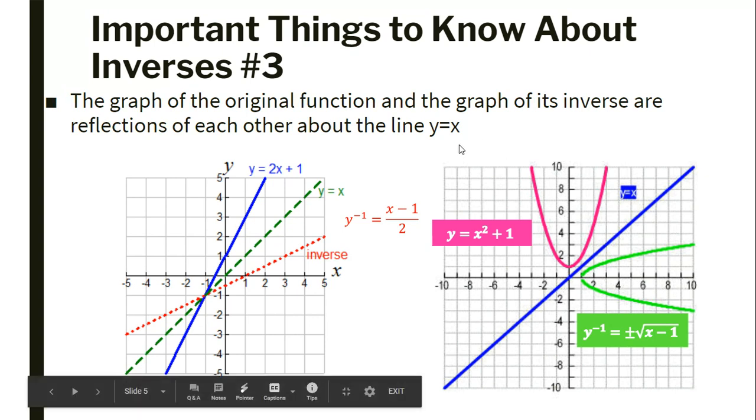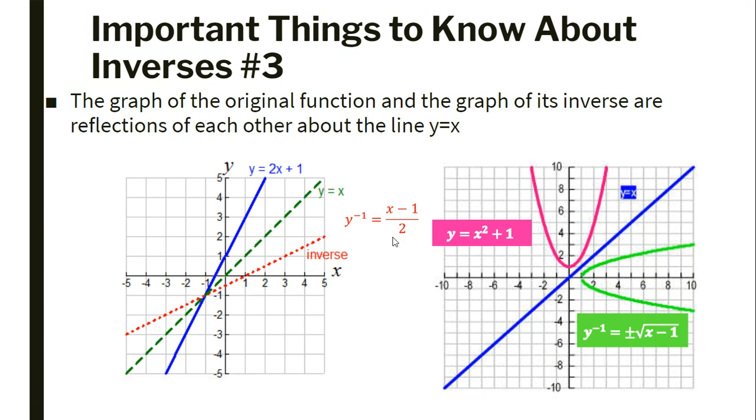In this first graph, this green dashed line is y equals x. The blue line is the original function, and the reddish line here is the inverse of the function. And you'll notice we used inverse notation, and they are symmetrical around the line y equals x.